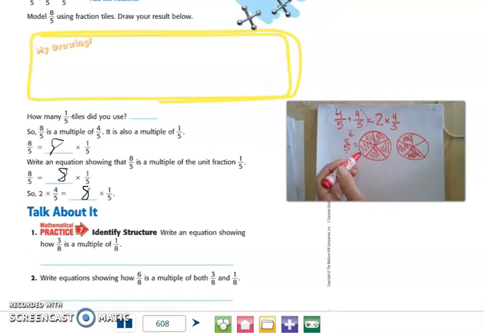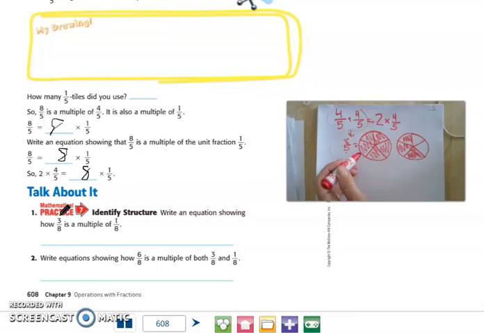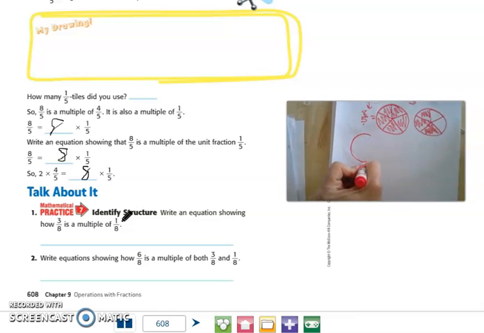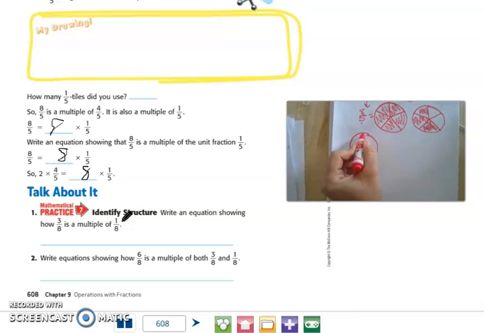Right? Yeah. Write an equation showing how 3/8 is a multiple of 1/8. Okay, so if I were going to draw that in my pictures, I would have eighths, and I can draw my circle, quarters, eighths, and that is definitely not equal.